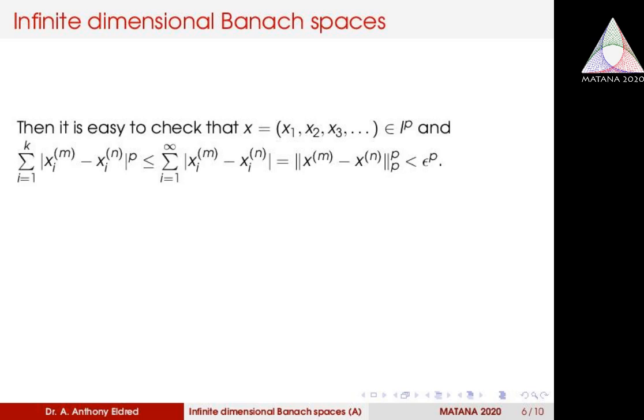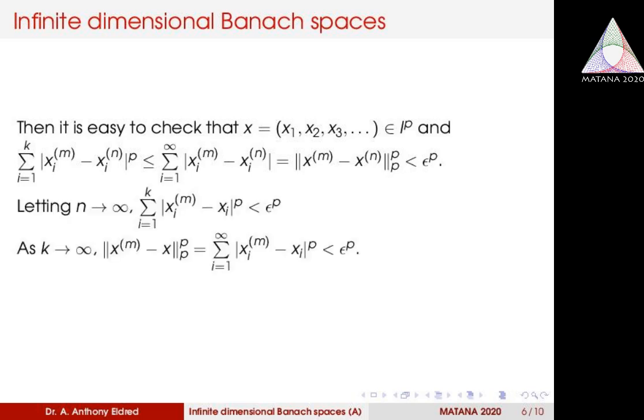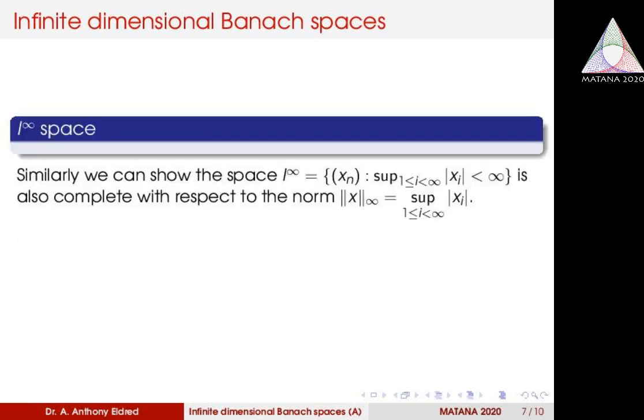And since this is true for each finite sum k, we can have k tends to infinity, and the p norm of xm minus x raised to the power of p will be less than epsilon to the power of p, and therefore the sequence xn converges to x in ell-p, and so ell-p is complete. Therefore ell-p is a Banach space.